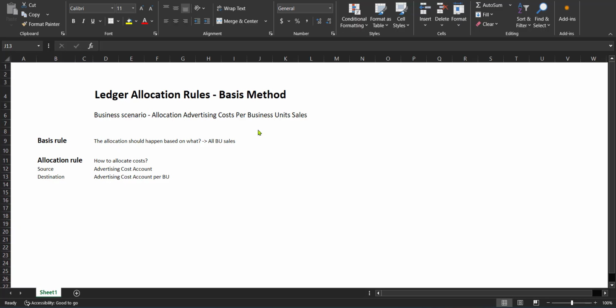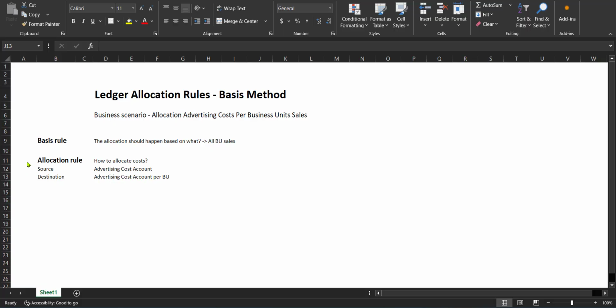In this scenario, the allocation should be based on the sales amount for each business unit. When we configure this basis rule, it's going to include all the business units tied to their sales account as the starting point.